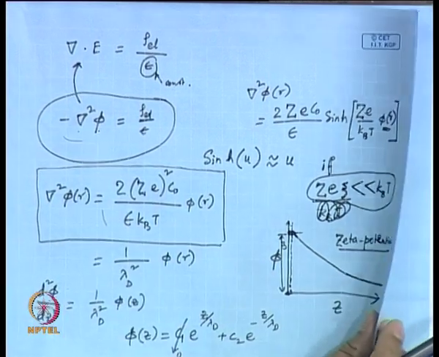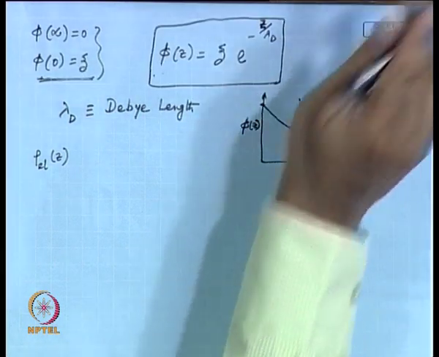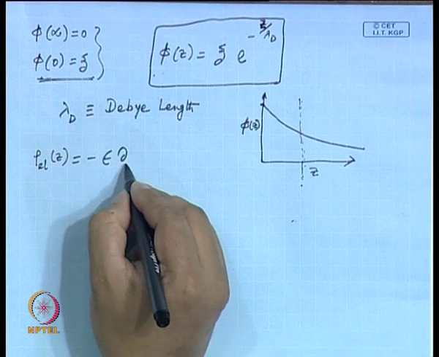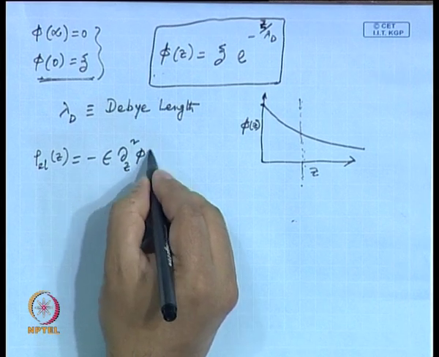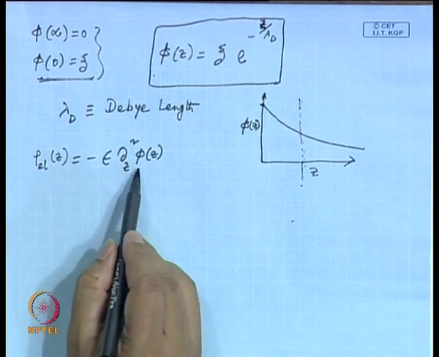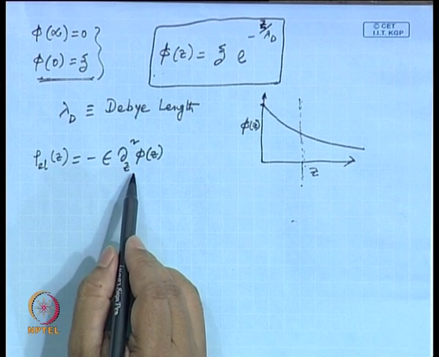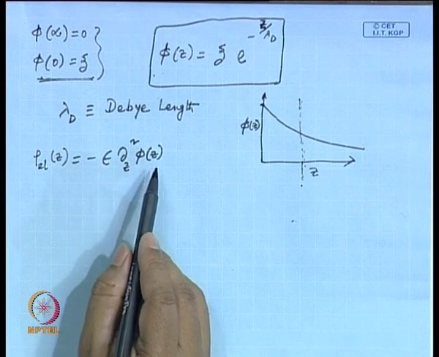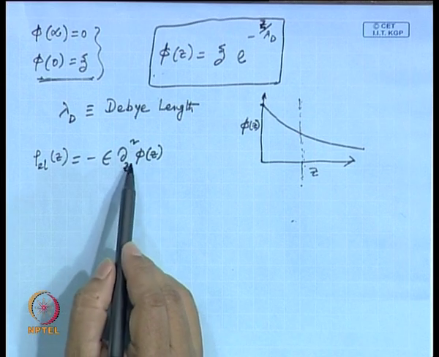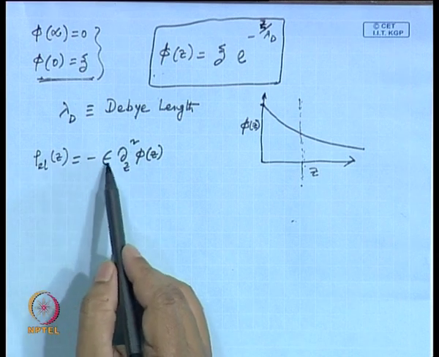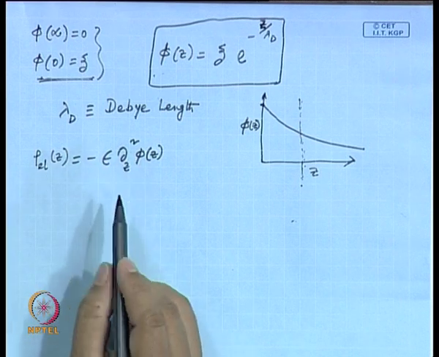So rho EL z would be nothing but minus epsilon del square phi by del z square. This is a notation a lot of physicists use.